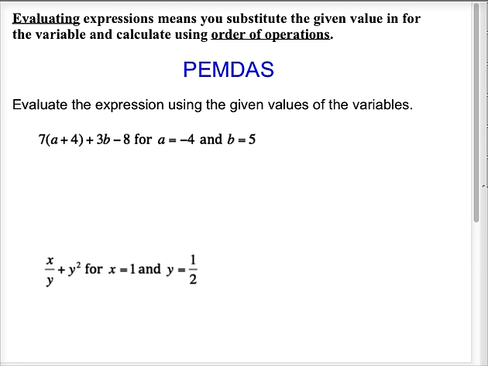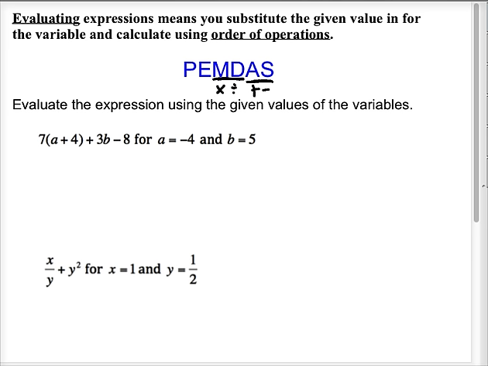The P means parentheses, E means exponents, M and D, remember, happen simultaneously, multiplication and division. They work from left to right. And then AS is addition or subtraction. So remember, that's the order in which you calculate things when you're evaluating expressions.